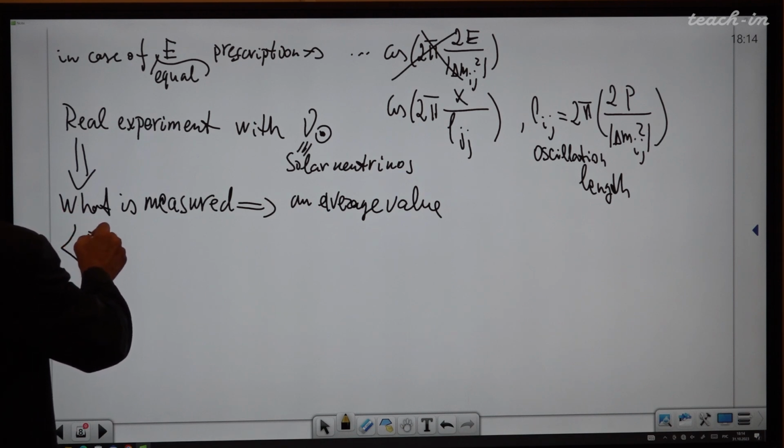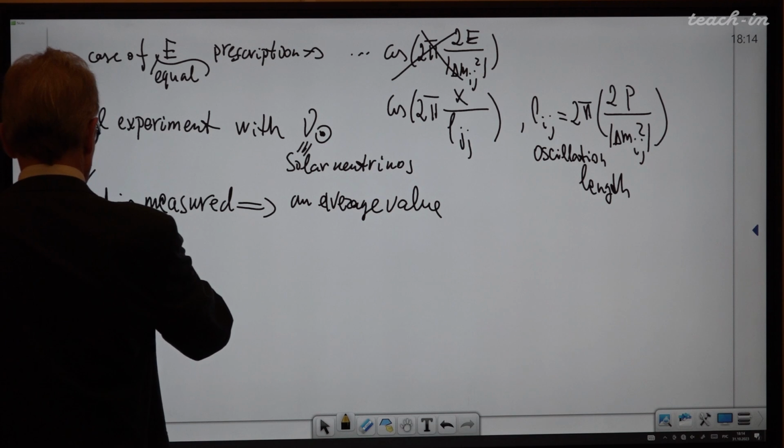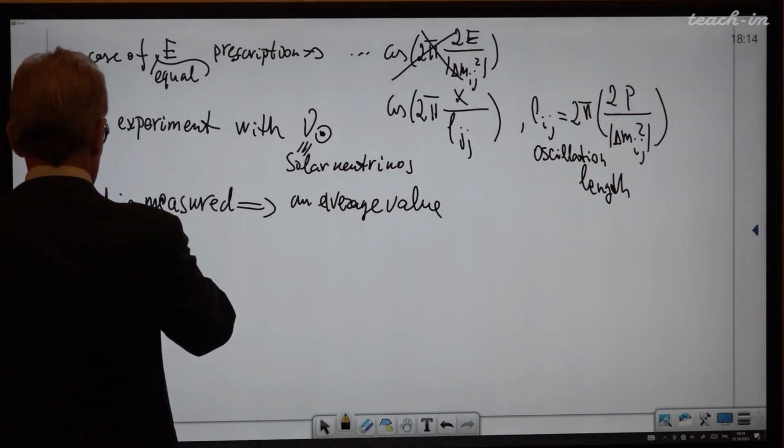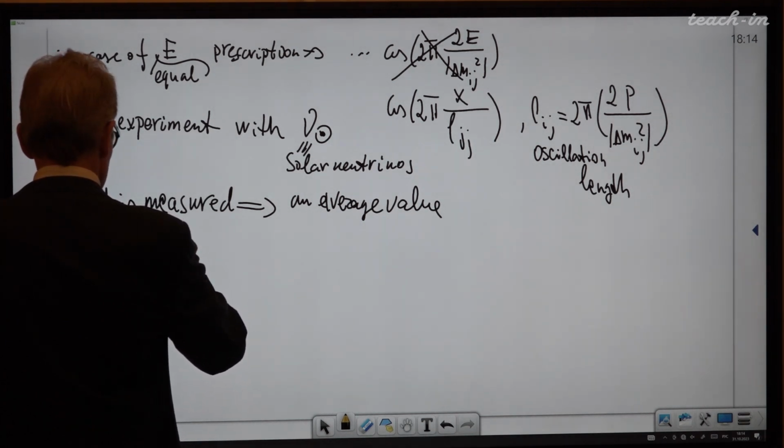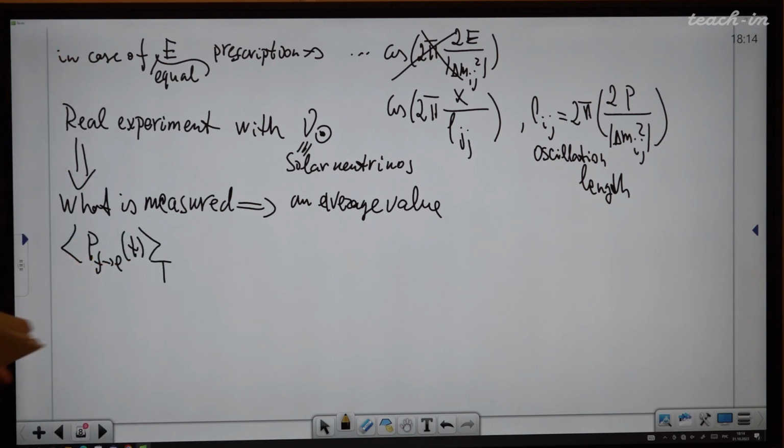This is the average over time of the probability as a function of time over t, some quite long period of time.